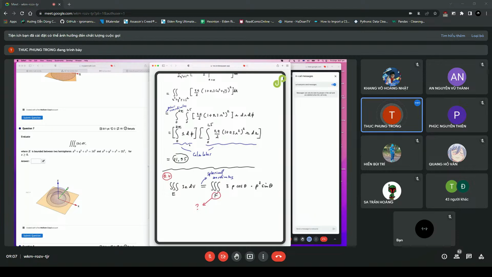And the last one, obviously, dv. dv right here is for rho, phi, theta. We still have a triple integral. We have a new domain F and a new function. So we need to find the domain F, right?